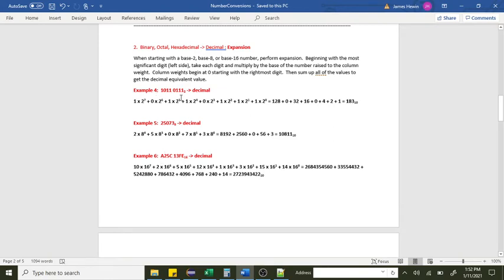Now, the other thing to keep in mind is that 8 columns doesn't mean the left column is weight 8. Everything starts at 0, so you go 0 through 7. Keep that in mind. So yeah, this expansion method is pretty straightforward.